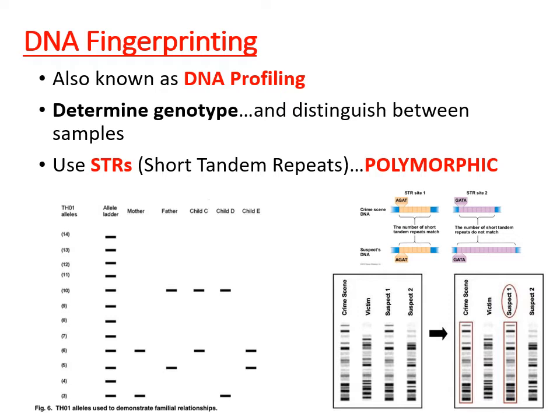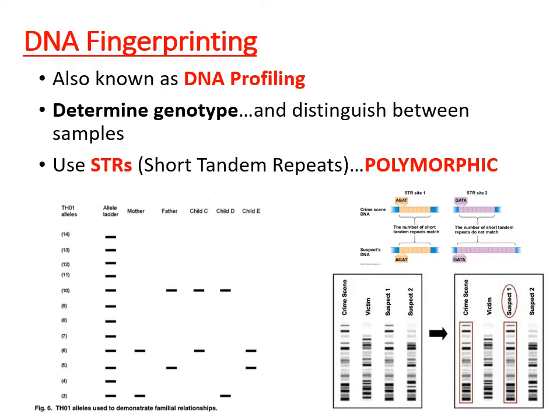So you're basically using DNA genotypes to narrow down samples in terms of relationships or whether or not someone was at a crime scene. Now, the type of DNA that we use are called STRs, which stand for short tandem repeats. The reason we use this is these sequences in your DNA are what we call polymorphic.